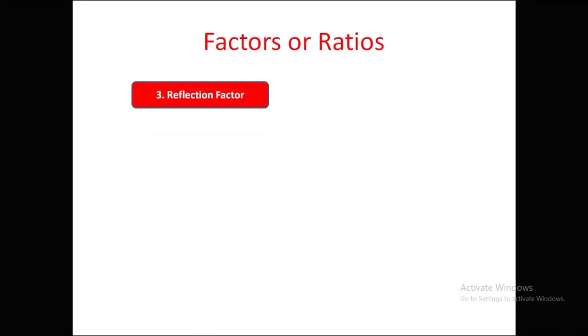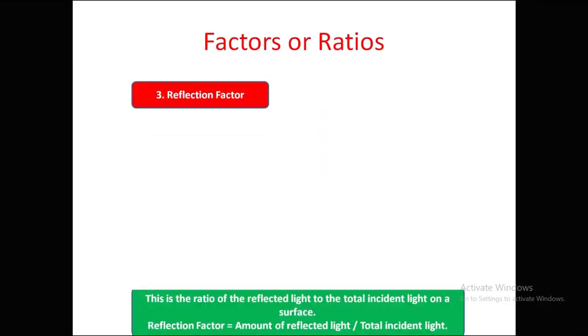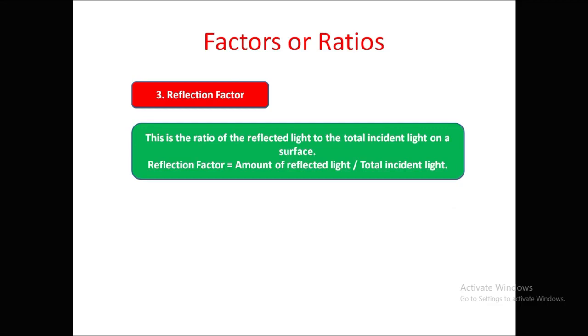The next factor is reflection factor. This is the ratio of reflected light to the total incident light on the surface. Very simple. Reflection factor is equal to the amount of reflected light to the total incident light.